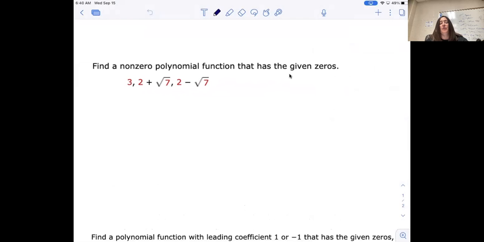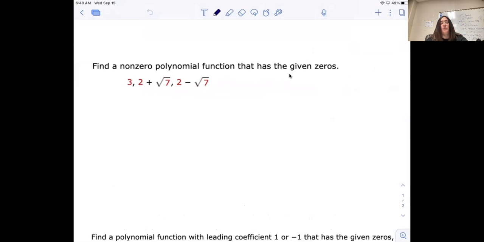And so you're going to be matching graphs. You're going to be finding zeros. If you're using Desmos, Desmos is wonderful at finding zeros. Really, you just have to click on where it crosses the x-axis. Graphing calculator is a little more work, but you can do that on there as well.